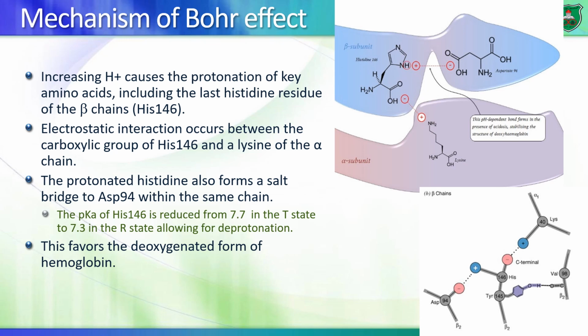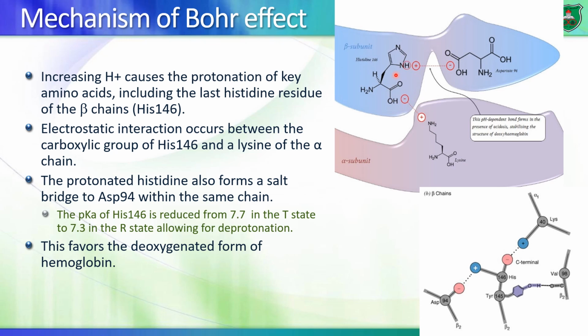Now, changing the pH results in changing the protonation state of a number of amino acid residues within the hemoglobin molecule. Now, I'm not going to talk about all of them, but I'll focus on one of them, and that is histidine 146. Now, histidine 146 of the beta subunit is the very last amino acid residue. And so it has two charged groups.